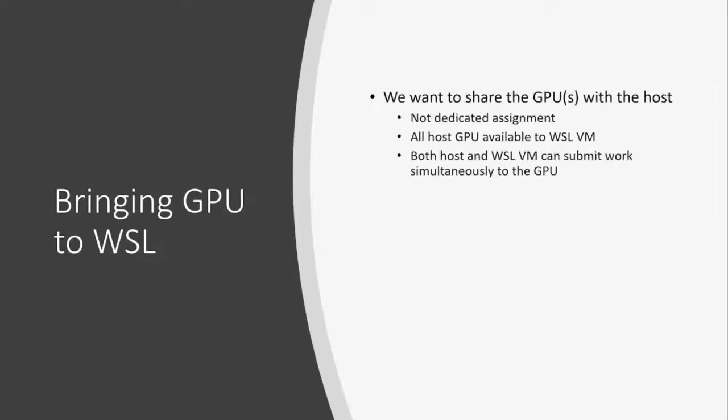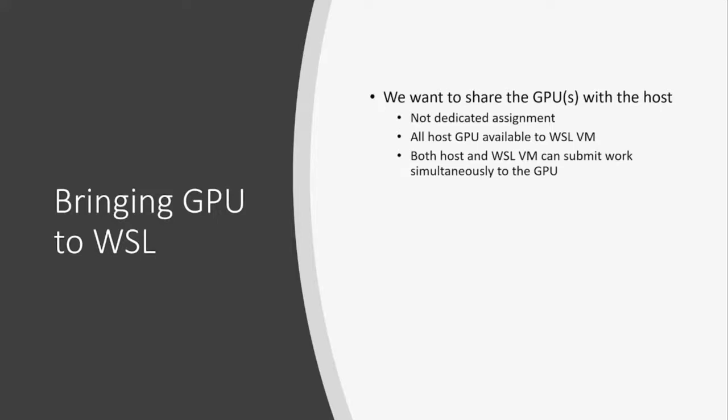But before we dig into the approach that we took and how we're implementing this, it's good to take a quick step back and see how we actually want to achieve that. So at the higher order bit, we want to share the GPU with the host. We don't want to dedicate a GPU to the host. There might be a single GPU on the system and the host still needs to be able to use that GPU.